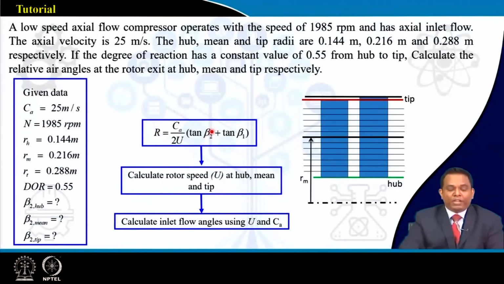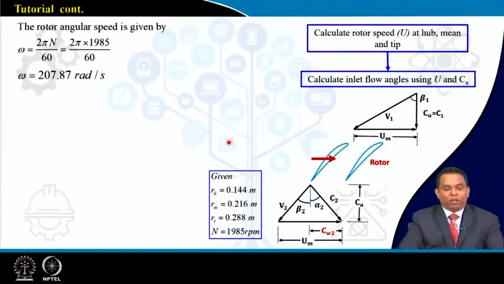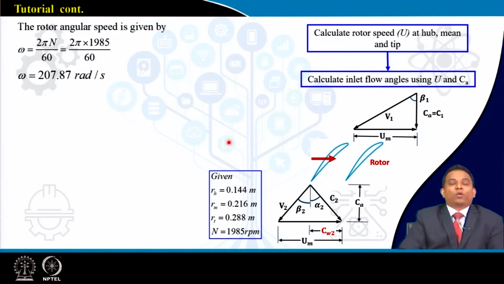For beta 1 and beta 2, given the values of axial velocity and peripheral speed, we can calculate the angles beta 1 and beta 2 at different stations. Now let's move on. The very first step is to calculate the peripheral speed at different stations, and then the inlet blade angle or inlet air angle.